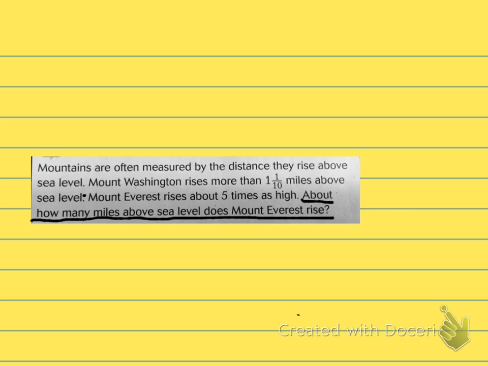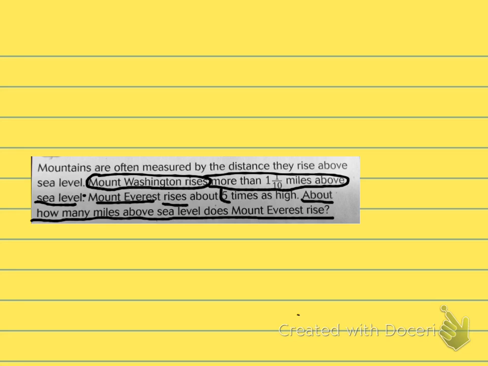Well, the first thing I'm going to say is I know that Mount Washington rises more than 1 1/10 miles above sea level. The other thing that's going to help me is I know that Mount Everest rises about 5 times as high. So it sounds like I'm going to be comparing the height of Mount Washington to Mount Everest.